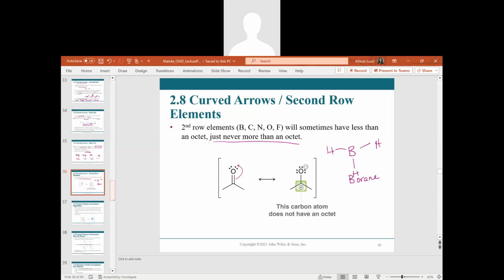This is happy, and it doesn't violate the octet rule. In this case down here, this carbon does not have an octet. It has a +1 charge because the 3 lone pairs are on oxygen. So in this resonance structure, this is fine. You just can't have 5 bonds, or lone pairs and 4 bonds, on the carbon atom.